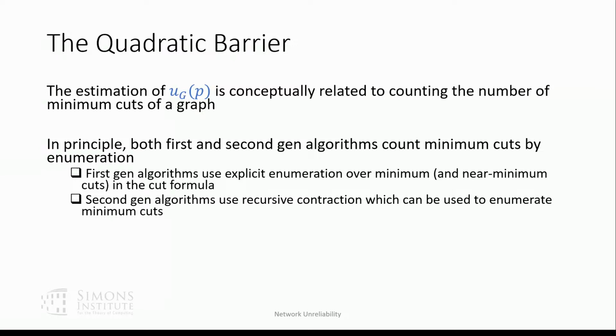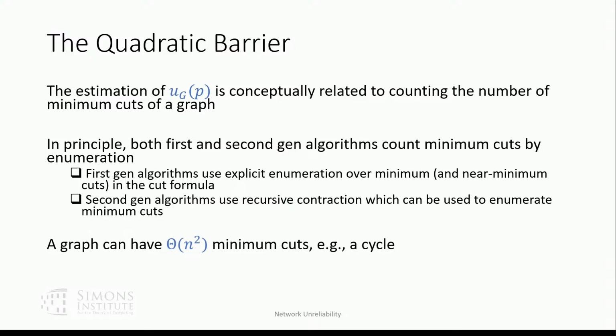The second generation doesn't use explicit enumeration. It's a recursive algorithm. But if you are familiar with the Karger-Stein recursive contraction algorithm, that can be used to enumerate all the minimum cuts as well. So explicitly or implicitly, both of these algorithms are counting small cuts by enumeration. It's going through the list of cuts, and that's how it ends up counting them.